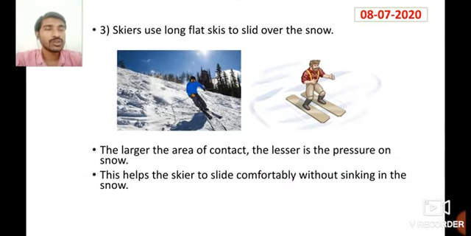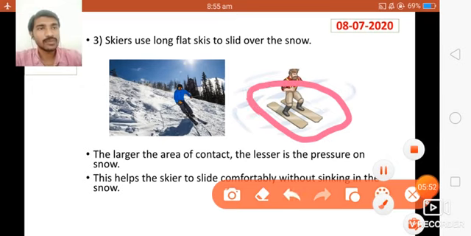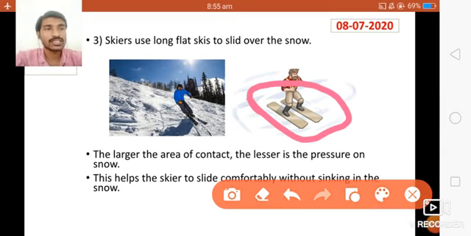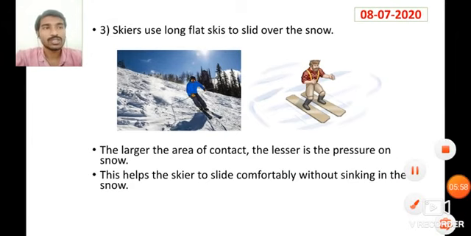Because to reduce the pressure, they have a very large area. You can see here, it is a very long flat type, so it has a very large area. So if the area is large, what about the pressure? Then the pressure will obviously be very less. So this will help the skier to slide comfortably without sinking in the snow.